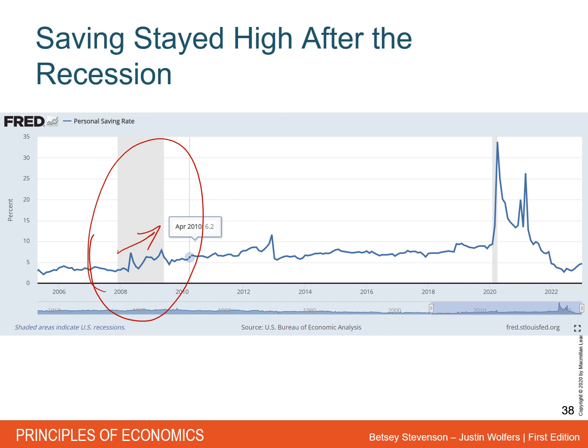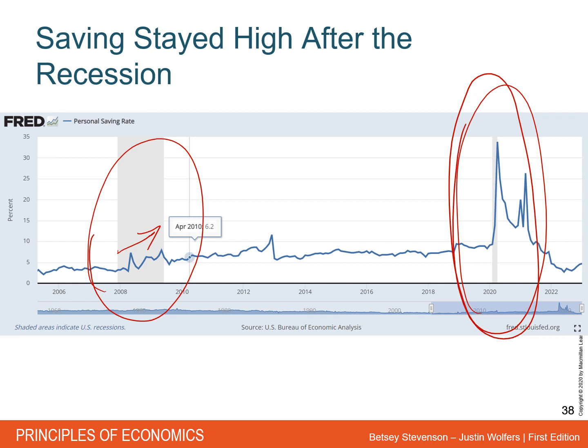Now, I want you guys to look at this one over here. That's the 2020 pandemic, right? So March 2020. The highest saving rate in US history happened in April 2020. That was about a 33% saving rate for the entire country.